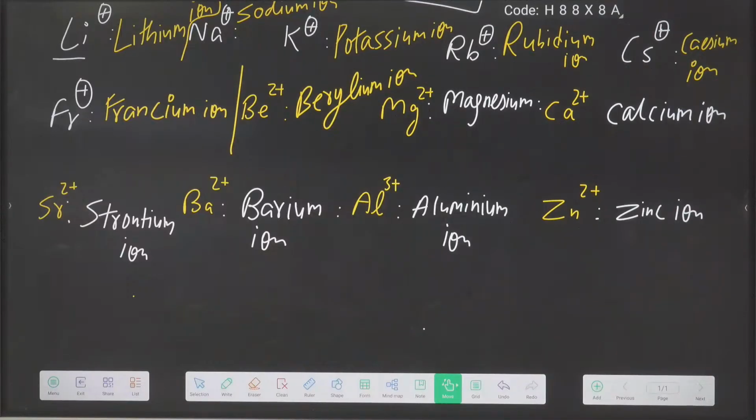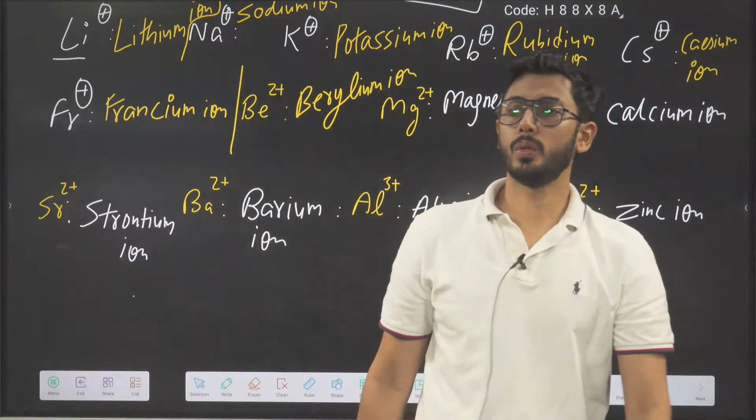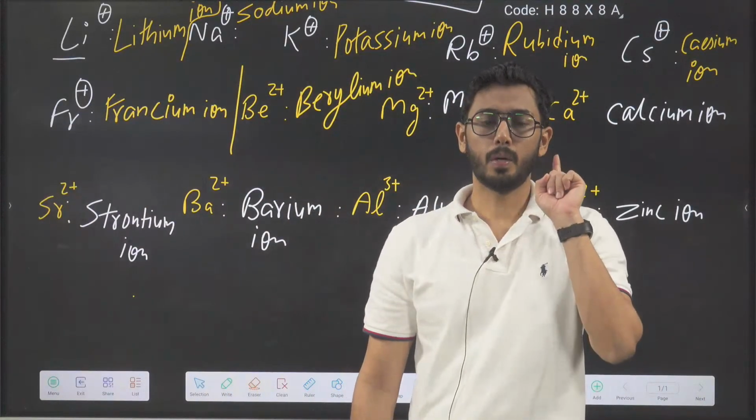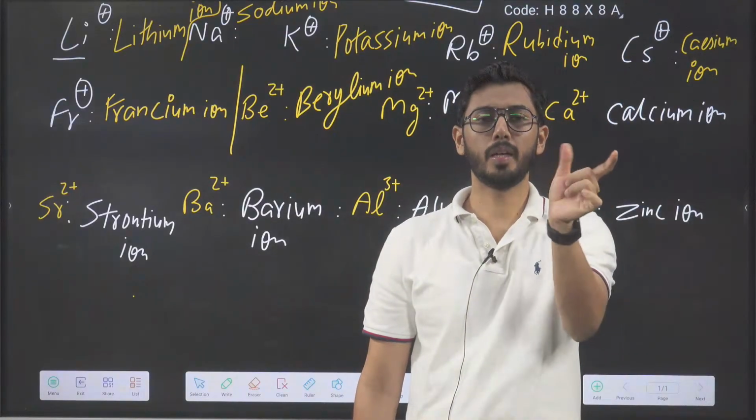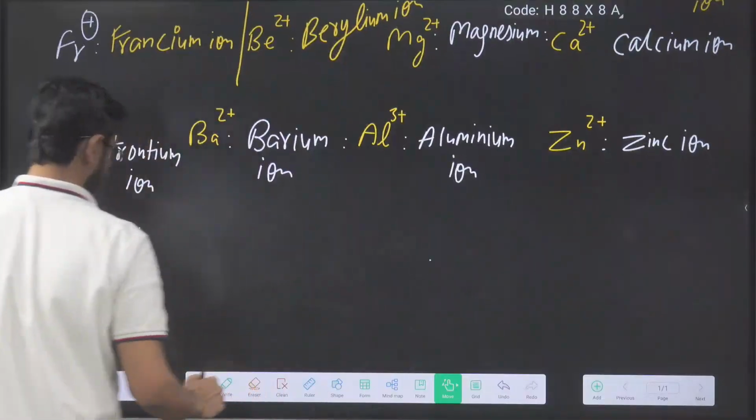Written completely. Done. Chalo, this is the first part. That cation, the metal which has only one type of oxidation state, is simply named as the name of the element with ion. Now, second possibility.